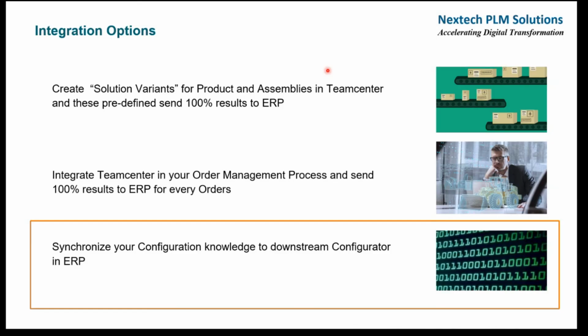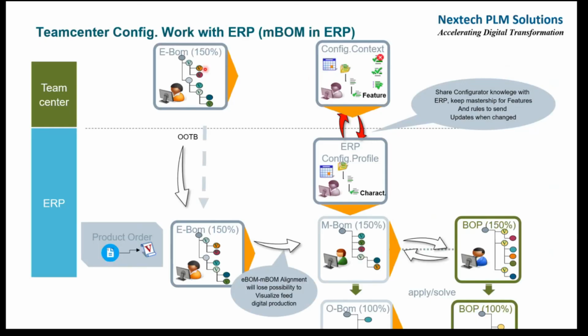The third option is that you send the 150% BOM to the ERP, along with that you send variability data as well, and you do the configurations in the ERP system itself. How do we send this variability data? T4 AIG supports this integration, which can be sent along with the BOM transfer.